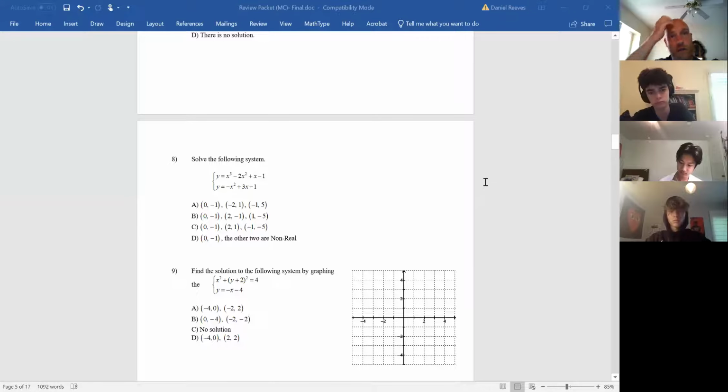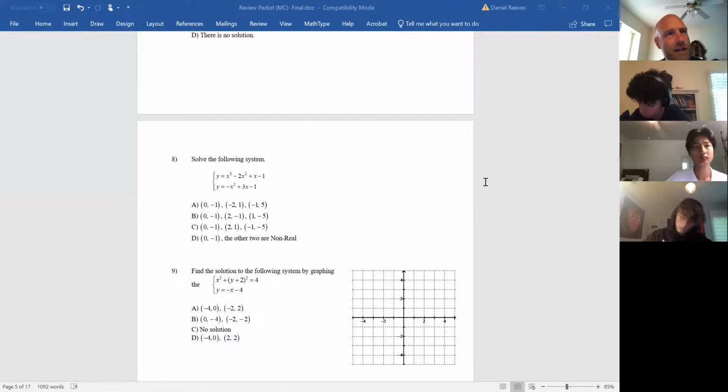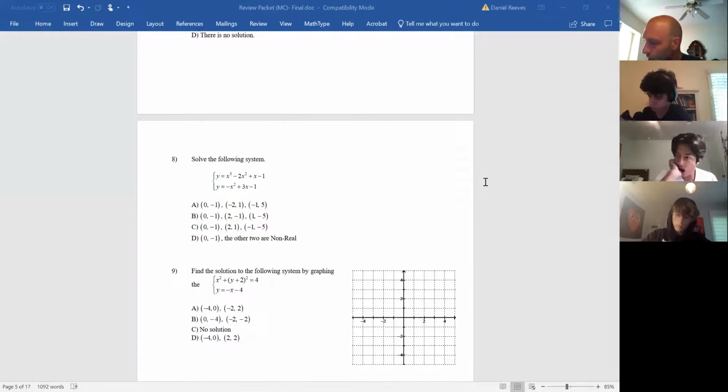Okay. So number 8 was a non-linear system, and number 9, it's a non-linear system too, but I'm going to put a separate topic there. I'm also going to put graphing. Now, what are some of those non-linear things in number 9 that we are graphing?